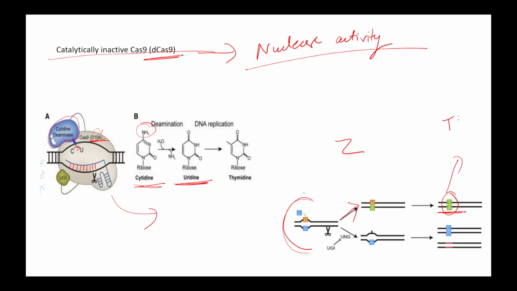Suppose the codon which codes for a particular amino acid is changed by this machinery, for example to TAT, then it will code for another amino acid. So this point mutation can change the structure. It can make a loss-of-function or gain-of-function mutant. It can mutate the protein or gene of your interest, and then you can obviously study its function.